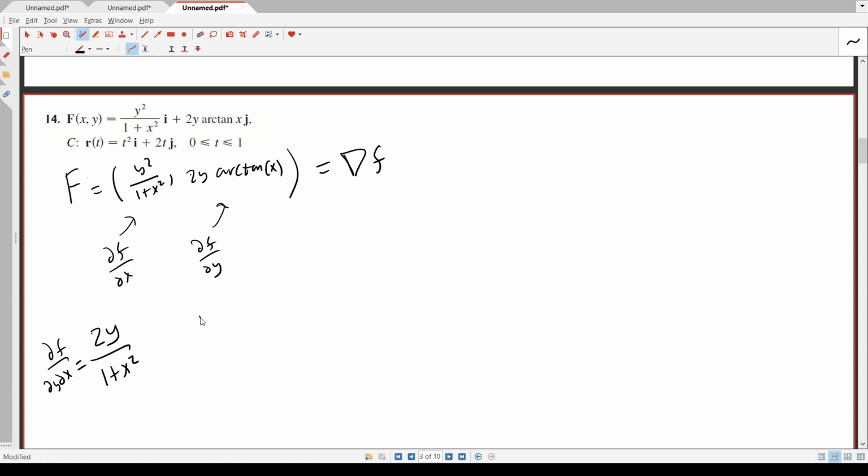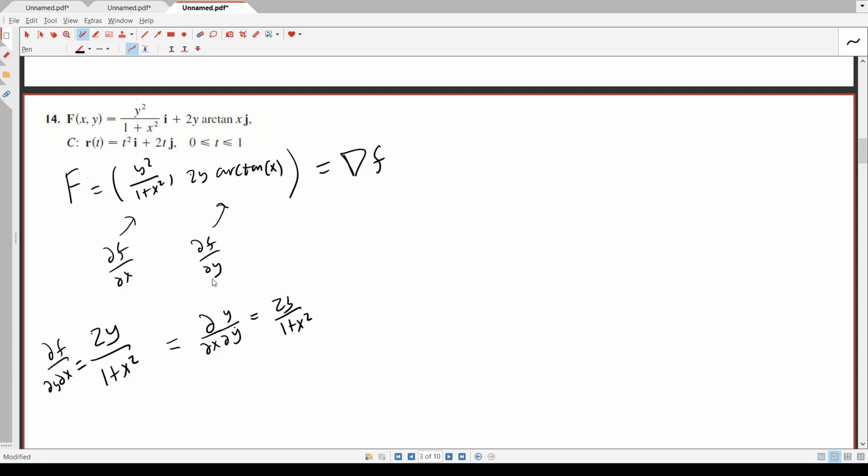And over here I do the x derivative of the y derivative, and that's going to be the same thing, 2y over 1 plus x squared. Okay, since they're the same, that means that this function actually exists. If I would have found that they're different, it means that this function doesn't exist. Okay, I need to do something else to integrate these.